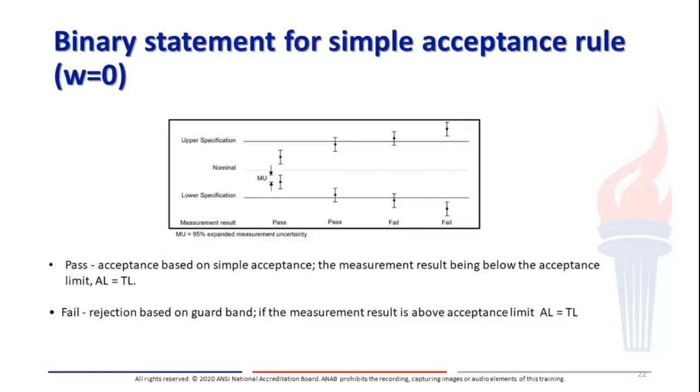Take this snippet and put it as part of a document that you present to the customer and say, here's our situations. If you're accepting this situation as part of the simple acceptance rule, then we can work with that. But understand, when we have these two middle areas where there's a probability of false accept and false reject, the liability is back on the customer to make the ultimate decision whether this is good for their process or not.